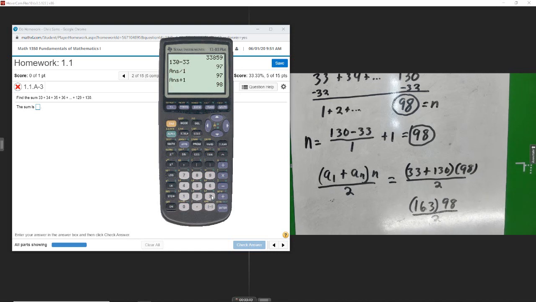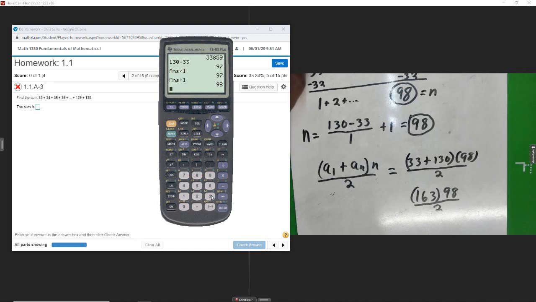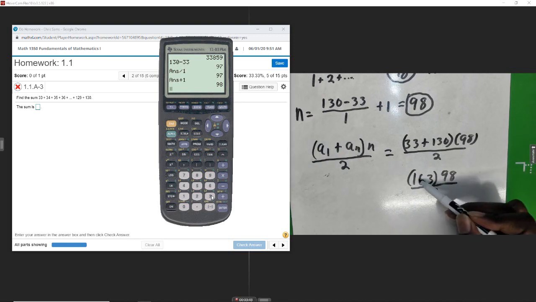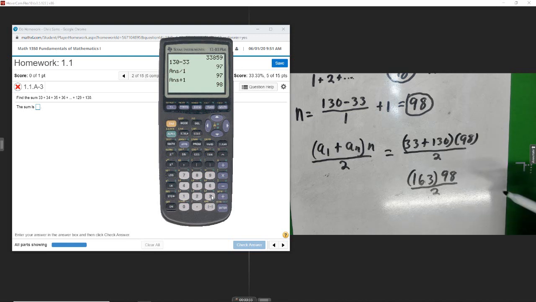Now what I do is I look for which one is even. I divide it by 2 first, because the same thing will happen if you divide either one. So this is even. I would divide it by 2, and that would give me 49. So all I really need to do to get my answer is multiply 163 times 49.